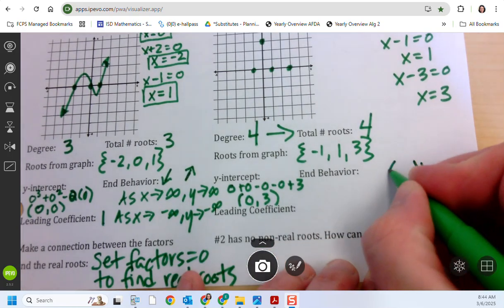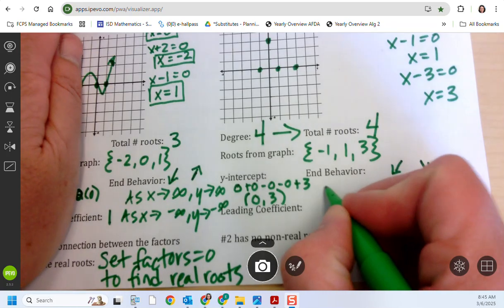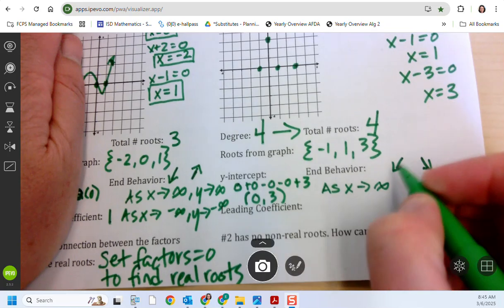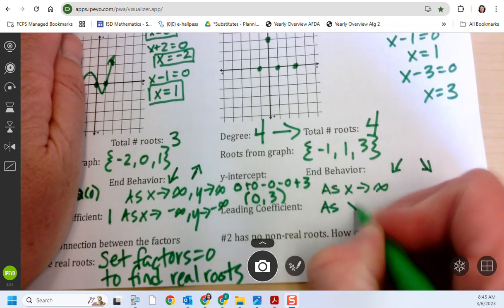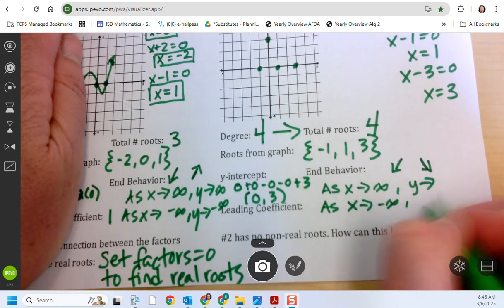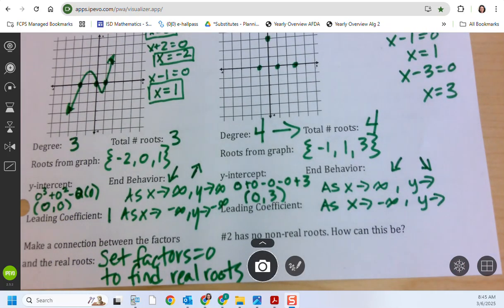So they're both down. So now let's write our statements. As x goes to infinity and as x goes to negative infinity. Okay, since they're both down, both y's are going to what? Negative infinity, good.